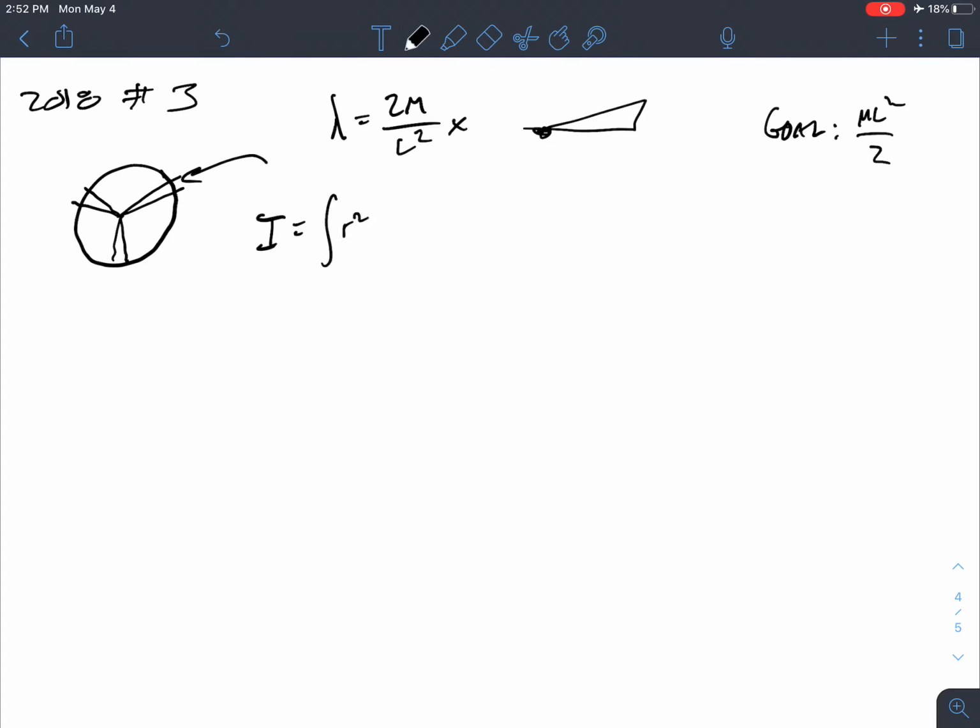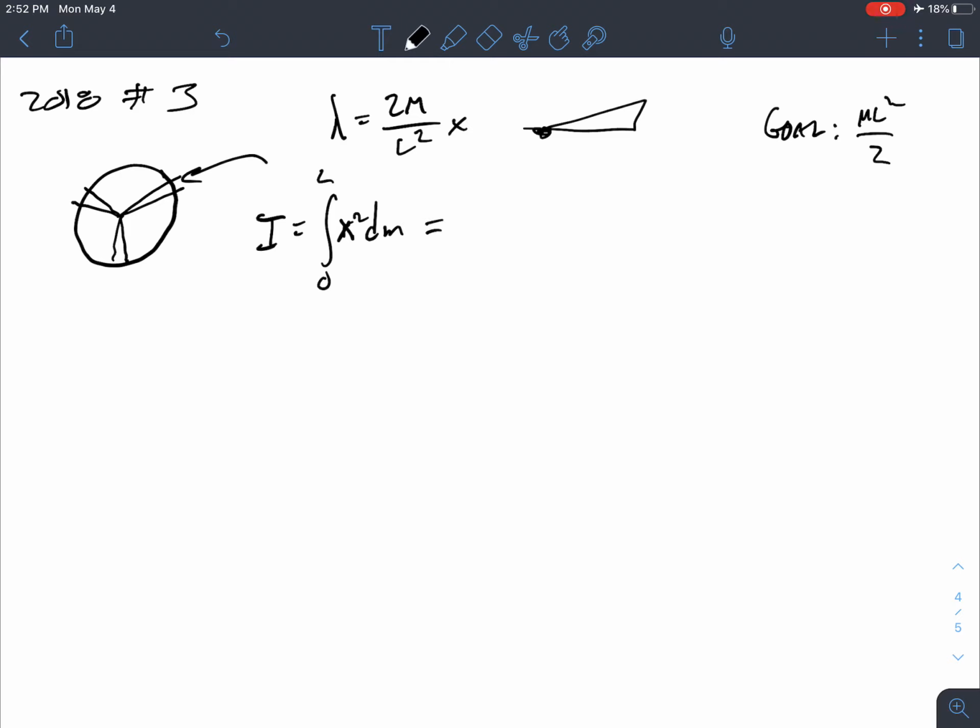So the rotational inertia of this thing is going to be the integral of r squared dm. We're going to go from 0 to the length of the rod. And here, it doesn't really matter at this stage, but we're not dealing with r's here. They're calling it x instead. So I could put an x there instead of an r.